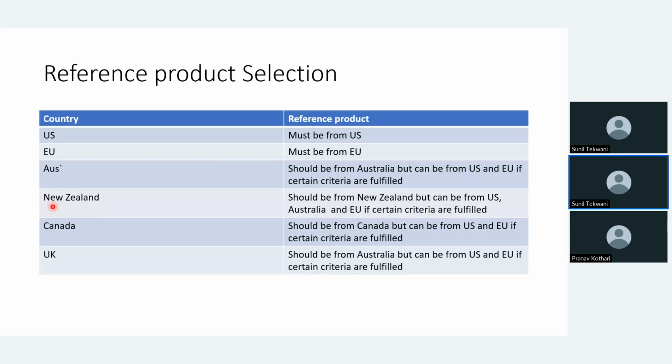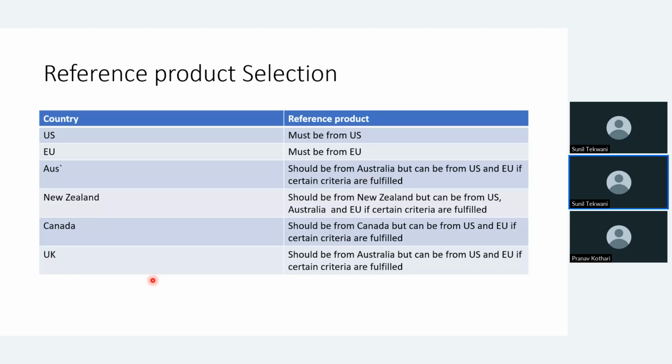So the reference product for Australia should be from Australia, but can be from the US and EU if you follow certain criteria. Similarly for New Zealand, similarly for Canada, a US and EU BE study would be acceptable, mostly in immediate release dosage forms. You have to follow the guidelines of Canada. Here for New Zealand, you have to follow the New Zealand guideline. Here you have to follow the Australian guideline.